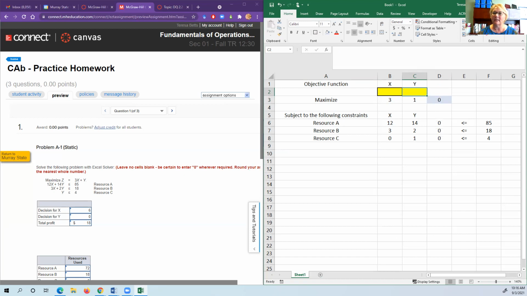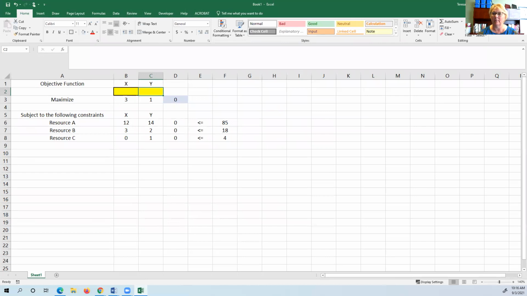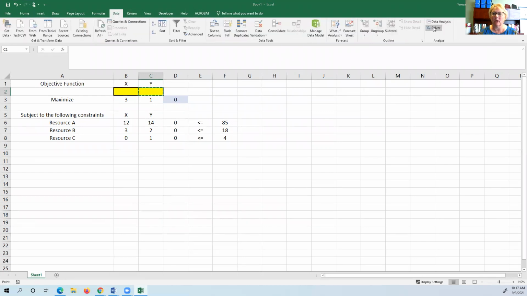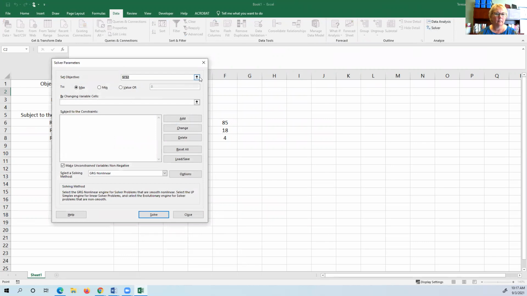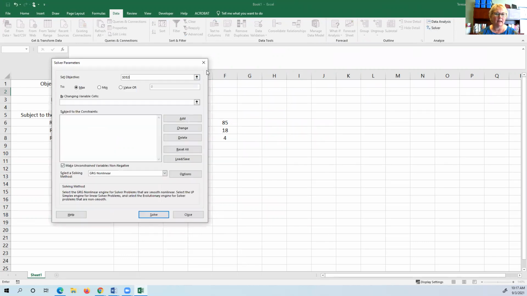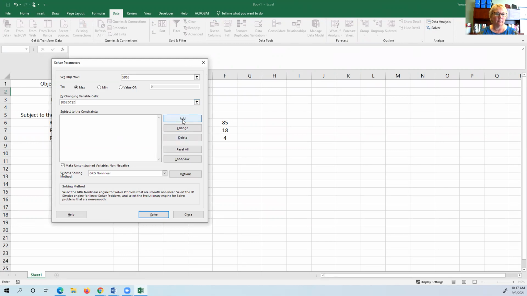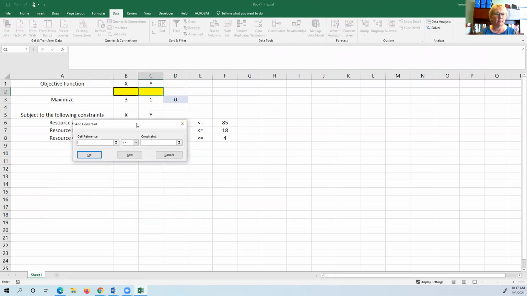So now that I have this set up, I'm going to go ahead and run Solver. Okay, so I go Data, Solver. Here's my cell that I'm optimizing, and we want to maximize that by changing these 2 cells. I'm going to add in my constraints.